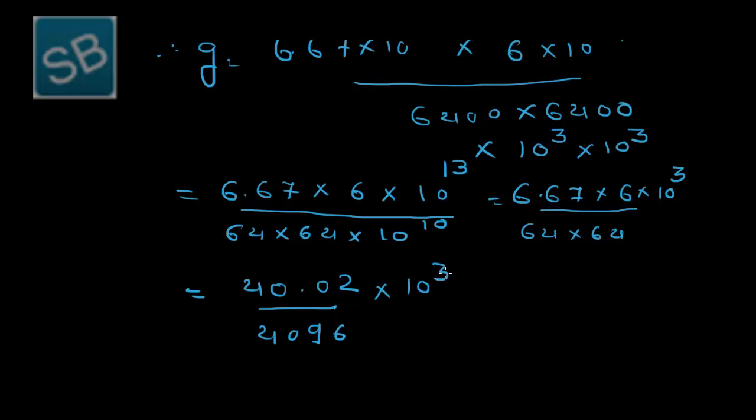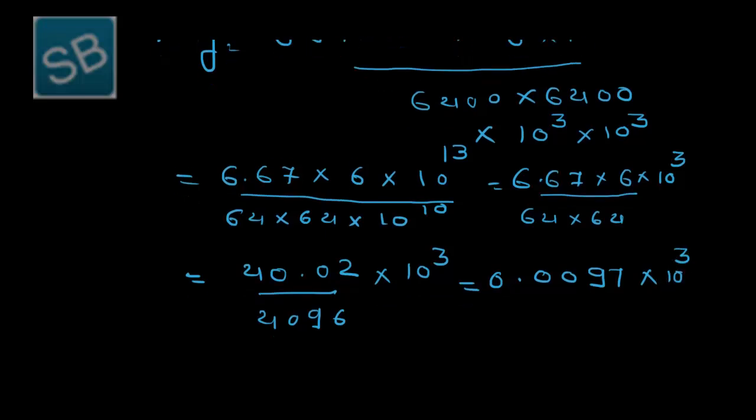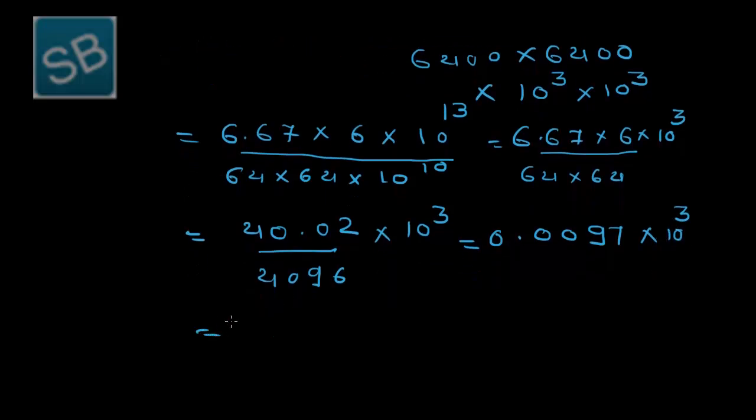Now if we divide 14.02 by 4096, we get 0.0097 into 10 to power 3. Applying this 10 to power 3, we get around 9.7, and after 2 decimal points it is also 7.